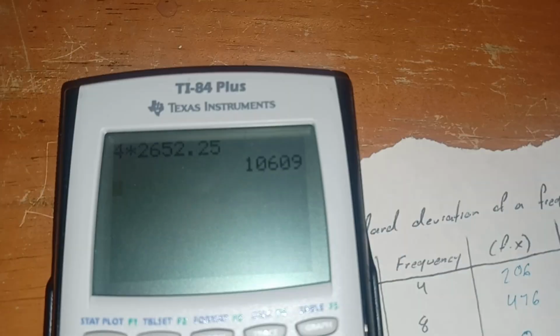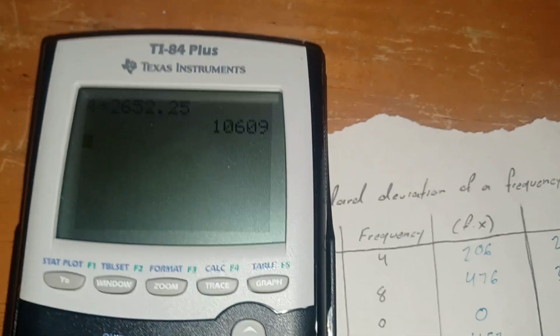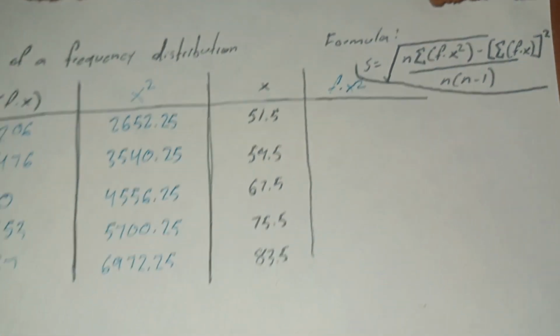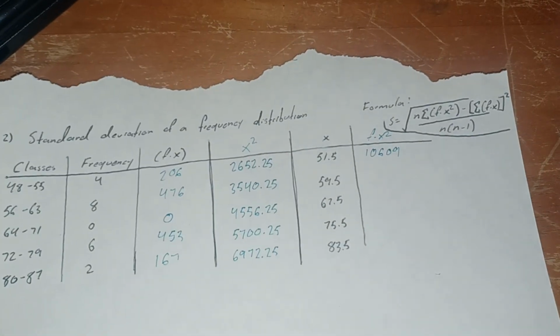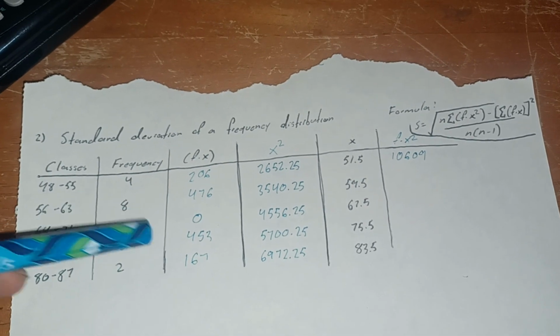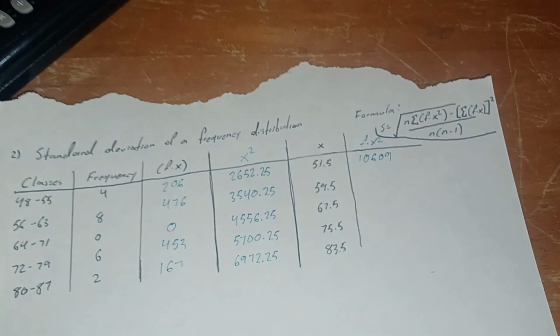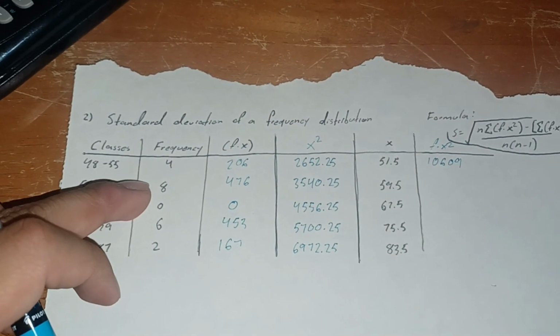That is going to give us 10,609. Just to clarify, we got that by multiplying f, which is your 4, times x squared, which is 2,652.25.